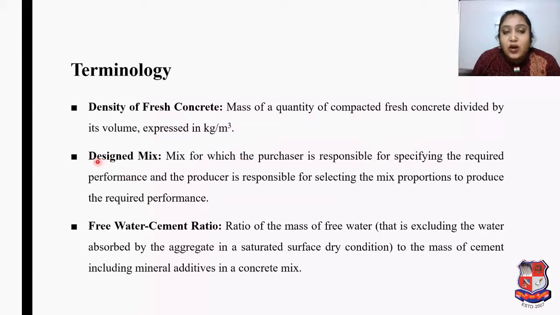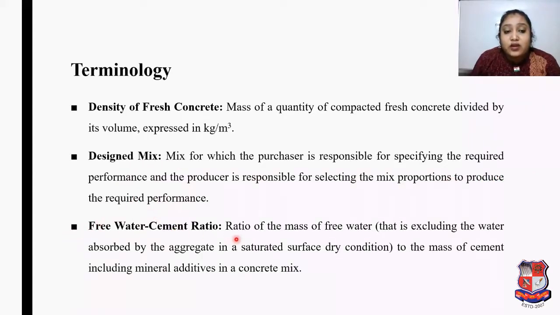If we talk about design mix, it is a mix for which the purchaser is responsible for specifying the required performance and the producer is responsible for selecting the mix proportions to produce the required performance.